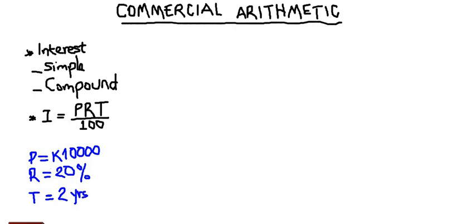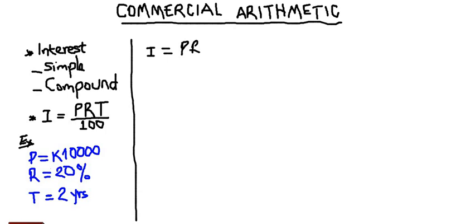So we can get this calculation into the formula and find the interest. We'll simply say the interest is equal to the principal times the rate times the time, then over 100.